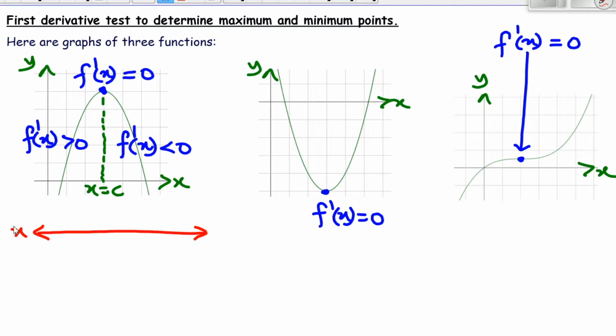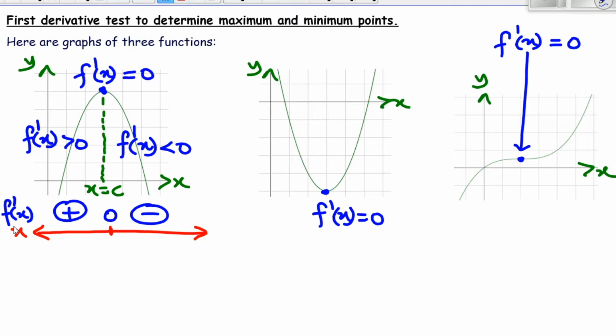Now this will be the point at x is equal to c, somewhere here. Now what we want is the signs of the first derivative. We know that here the first derivative is 0, here it's positive, and here it's negative.